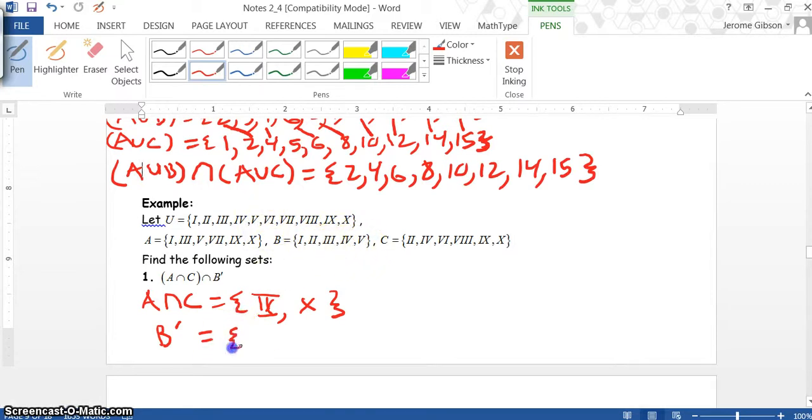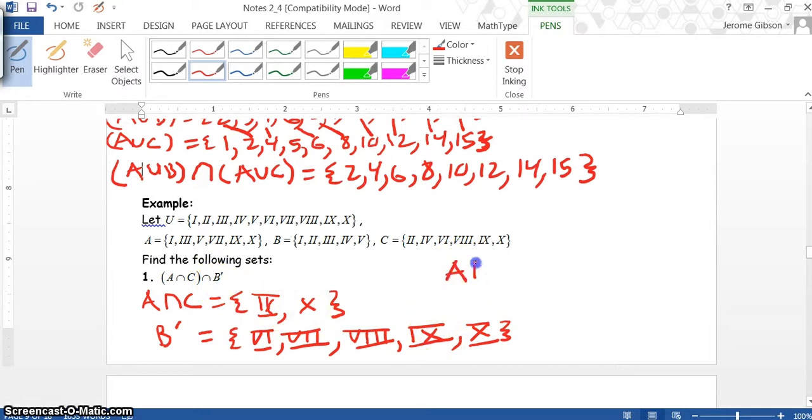So then that will leave us 6, 7, 8, 9, and also 10. Now the only things that intersect here are 9 and 10.